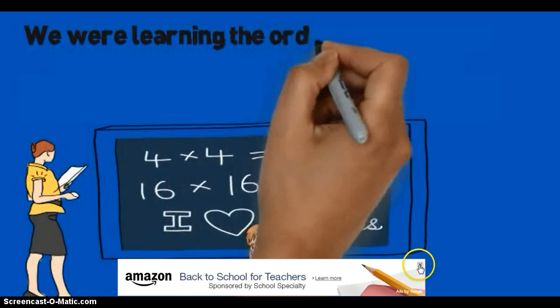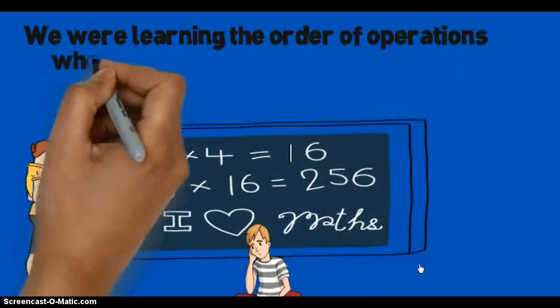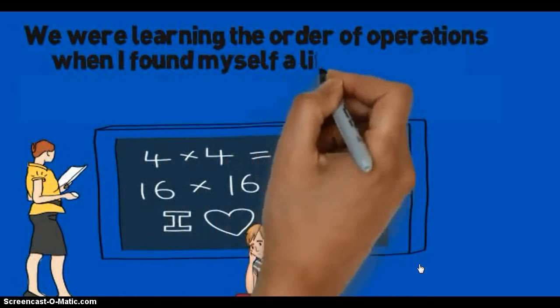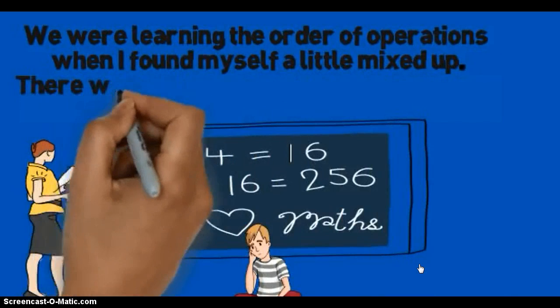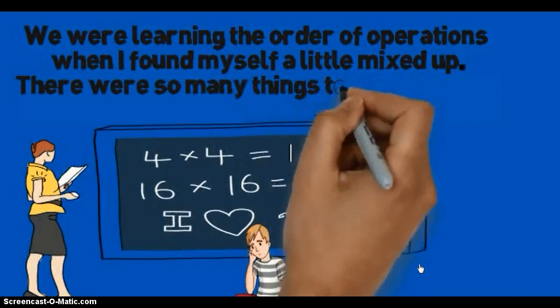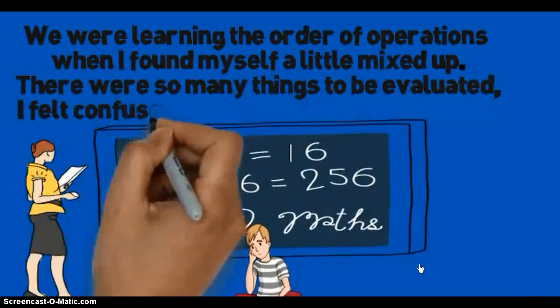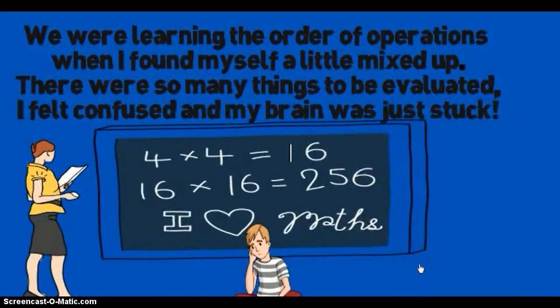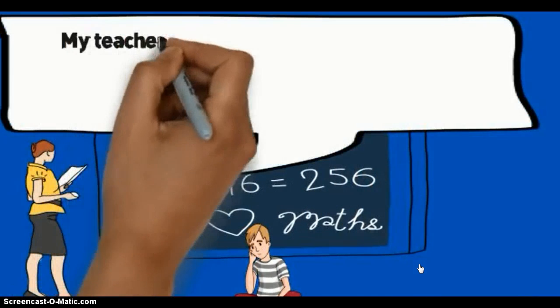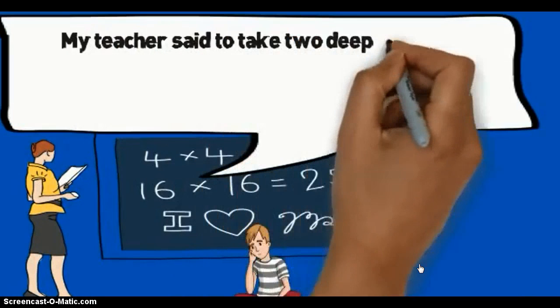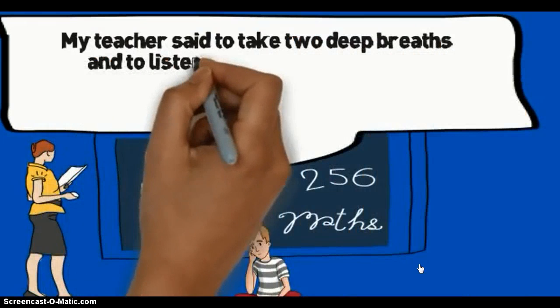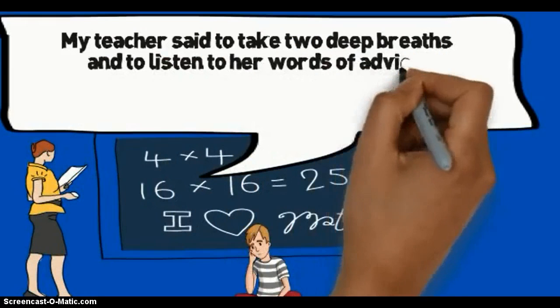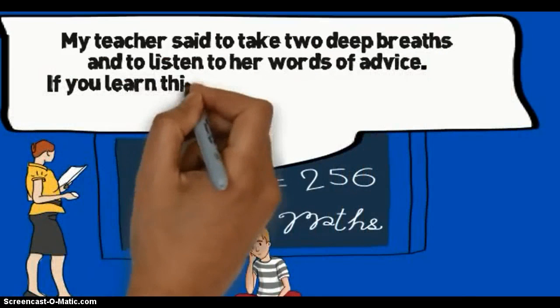We were learning the order of operations when I found myself a little mixed up. So many things to be evaluated. I felt confused and my brain was just stuck. My teacher said to take 2 deep breaths and to listen to her words of advice.